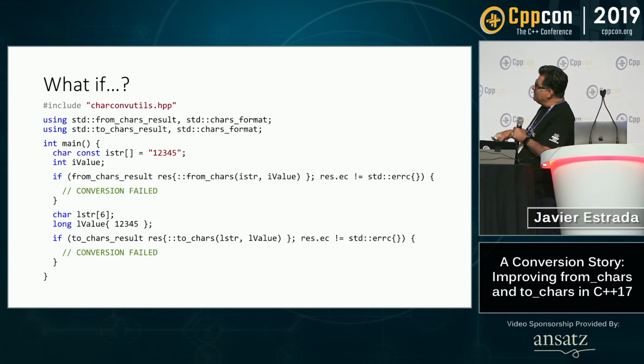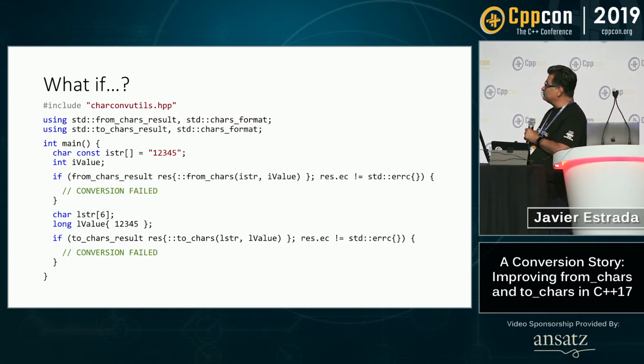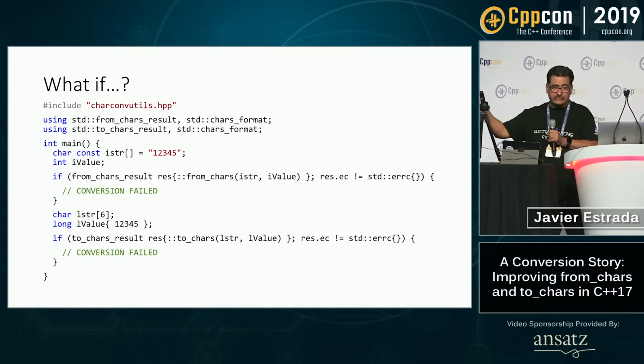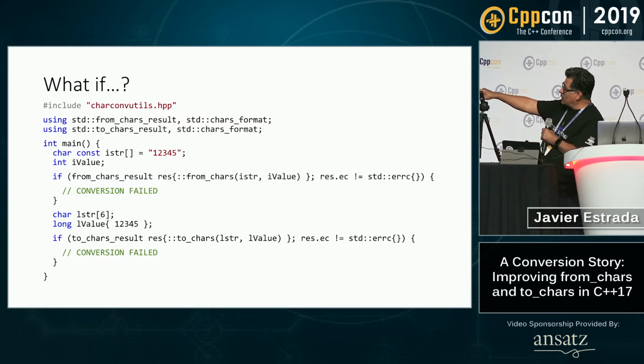So what if, instead of calling it in the way that I showed you before, we eliminated that extra parameter, and we are just passing that string as itself. We are not counting. We don't know how many characters it has. Or we could also call to_chars in the same way. We're only passing one parameter.